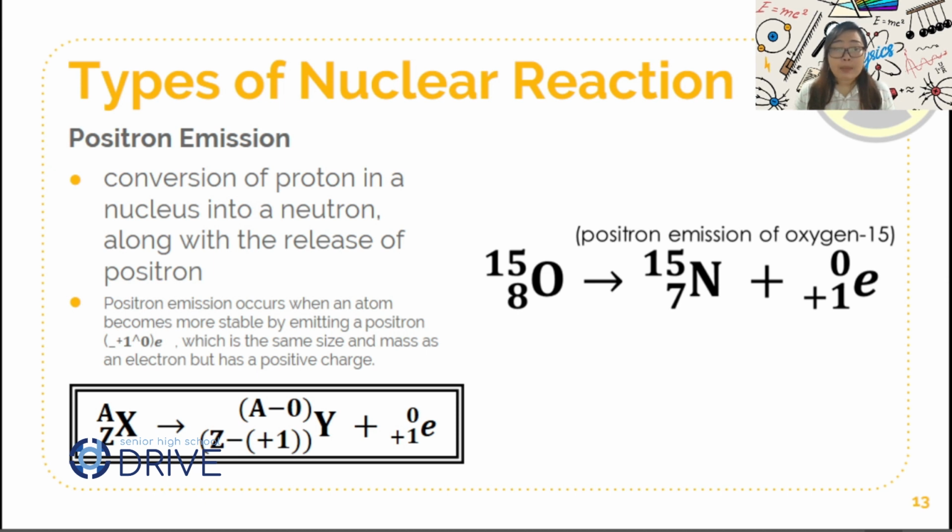Okay, so what happens in the atomic number and the atomic mass? The atomic number decreases by 1, as you can see here, because the proton also decreases. That's why your atomic number decreases also. And then the atomic mass stays the same. So for example, we have the positron emission of oxygen-15. Now, when oxygen-15 emits a positron, it becomes nitrogen-15. Okay?